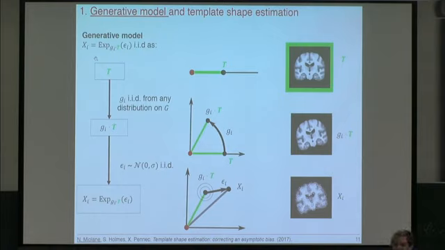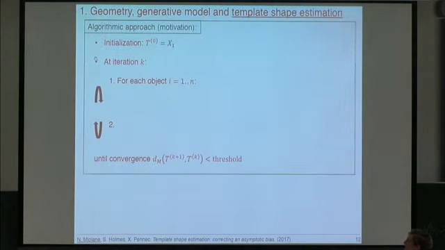And now we're going to see the estimation procedure that is used in computational anatomy to estimate T, the prototype of the brain shape, the prototype of the shapes in general. The template shape estimation procedure that is used is an iterative procedure. You start with the template shape estimator being one of the data, and then you iterate two steps at each iteration k.